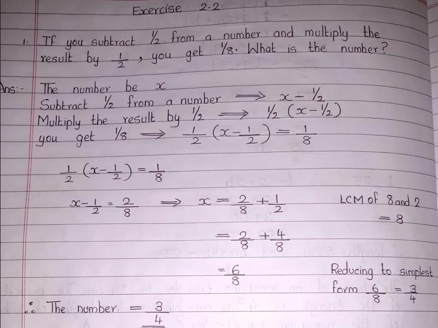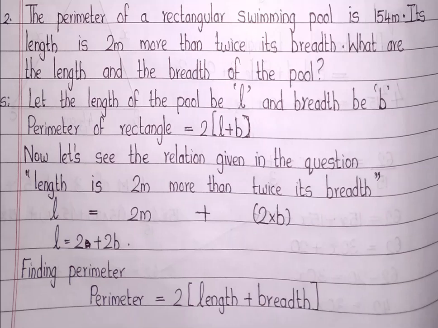Moving on to the next question. The perimeter of a rectangular swimming pool is 154 meter. Its length is 2 meter more than twice its breadth. What are the length and the breadth of the pool?